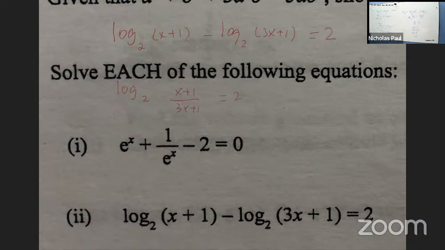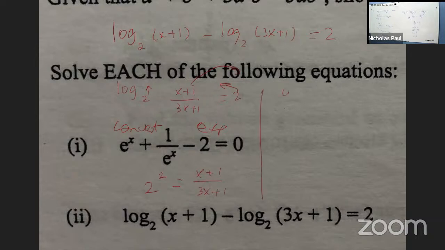I'm just going to try the next technique here. I'm going to convert to exponential form. So I'm going to go from logs to exponential and just go in reverse, just to give you a different technique. So remember, this 2 comes back across, and the answer is (x plus 1) over (3x plus 1).